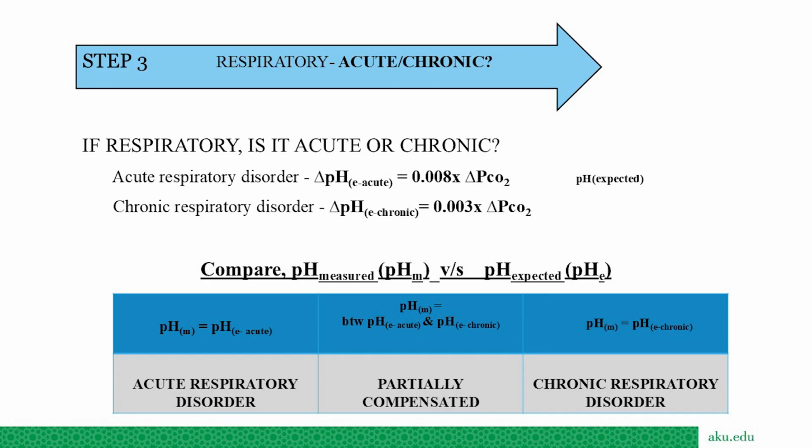If the values are similar to the product of 0.003 times the difference in carbon dioxide, we would say that the patient has a chronic disorder. If the values fall in between, that would show that the patient has either a partially compensated blood gas or a mixed disorder.